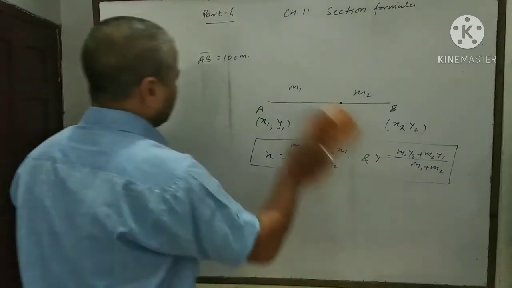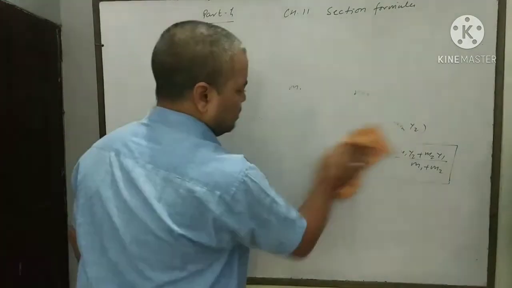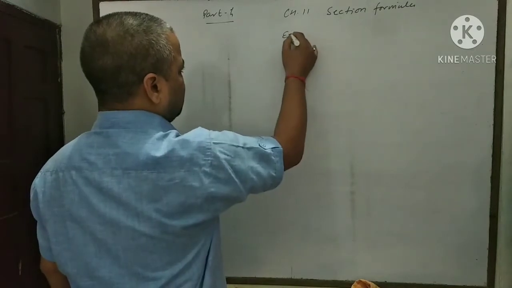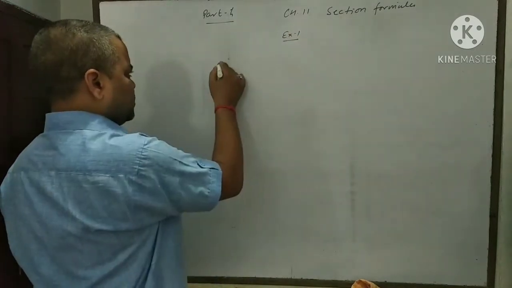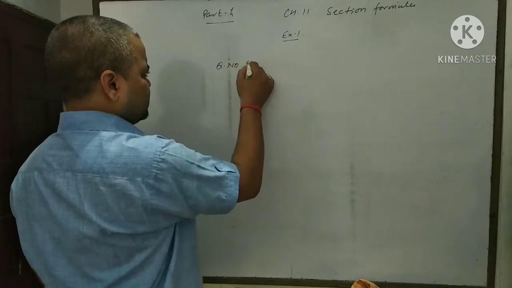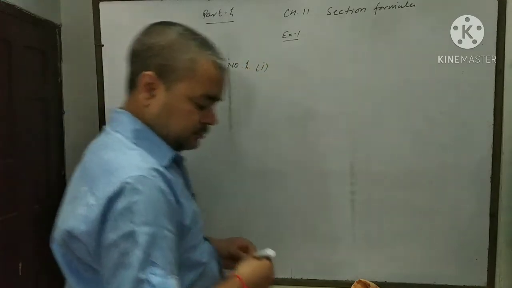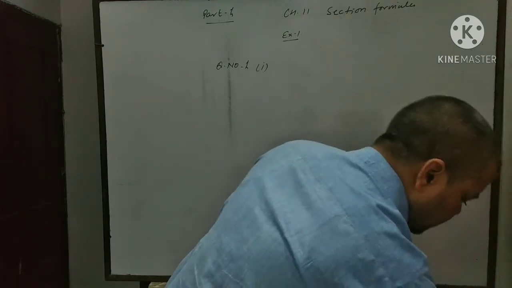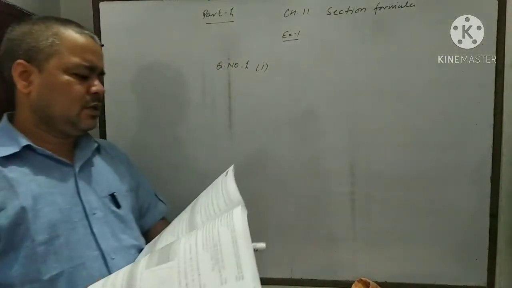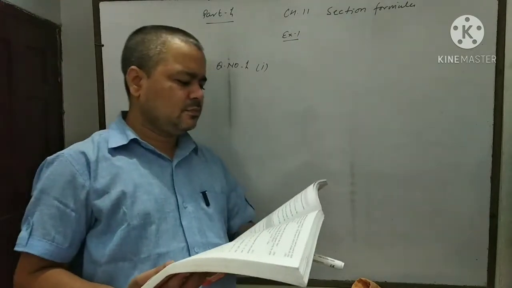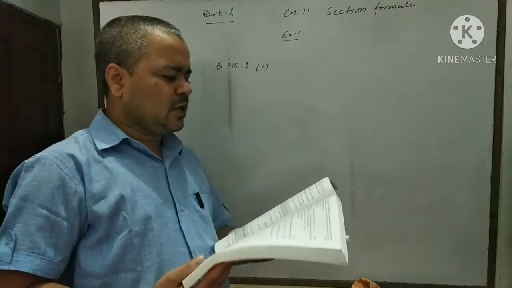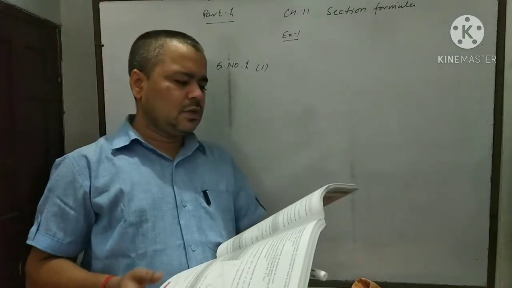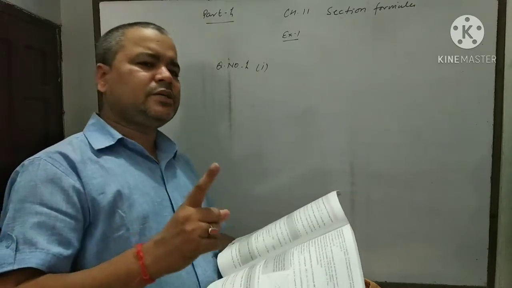Here I am going to solve one question from exercise 11. Exercise 11, question number one. The first question is: find the coordinate of the midpoint of the line segment joining the following pairs of points. This first question is related to the midpoint.